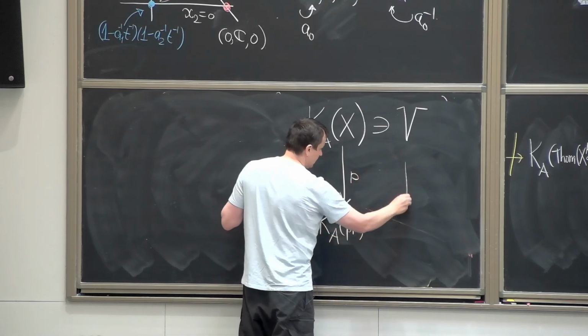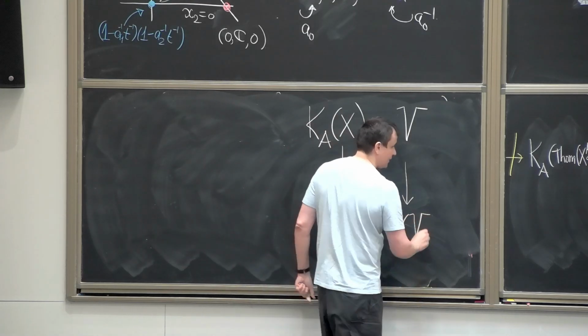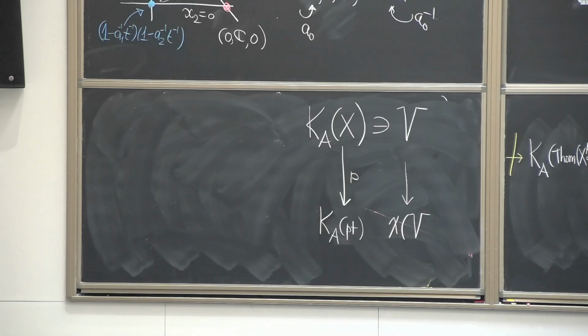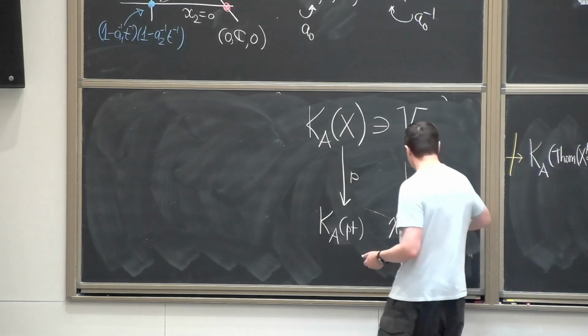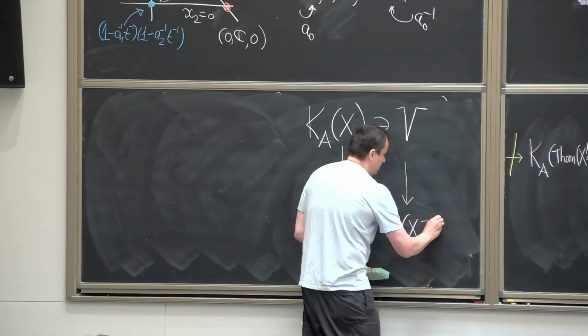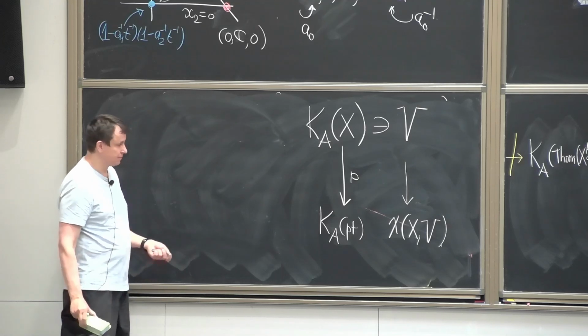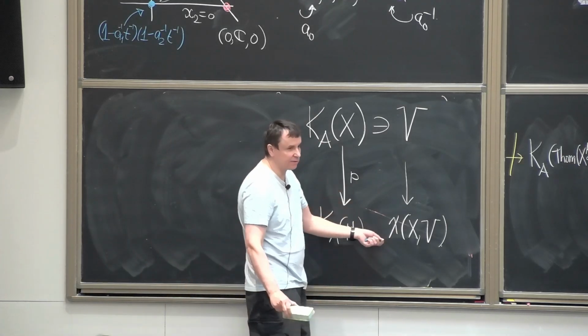This goes to the Euler characteristic of this bundle. In topology, this is defined the way I explained yesterday, but in algebraic geometry, it's the ordinary Euler characteristic.